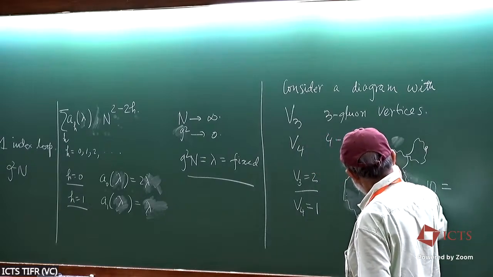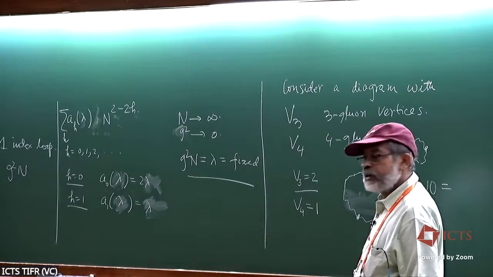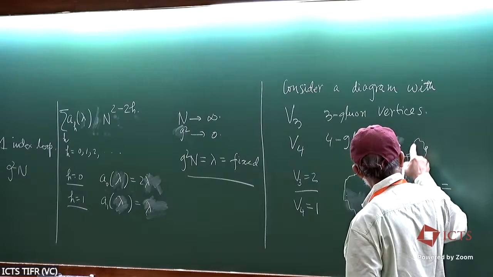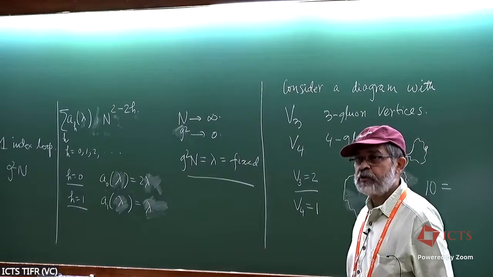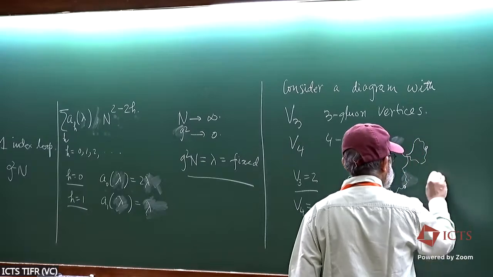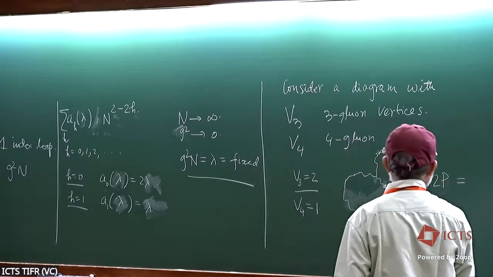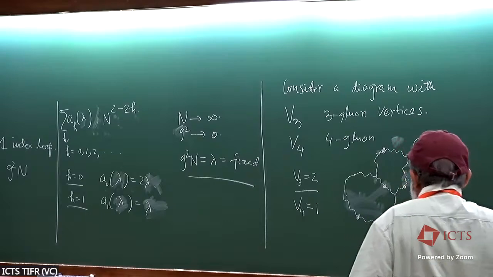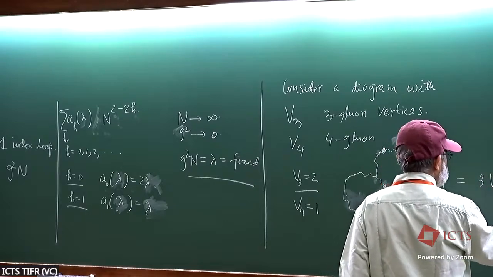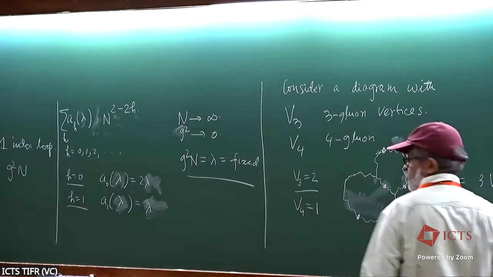This is the quartic vertex, so it has 1, 2, 3, 4 half propagators. So more generally, the number of half propagators is 2p, where p is the number of propagators. That would be 3 V3 plus 4 V4. Very clever.